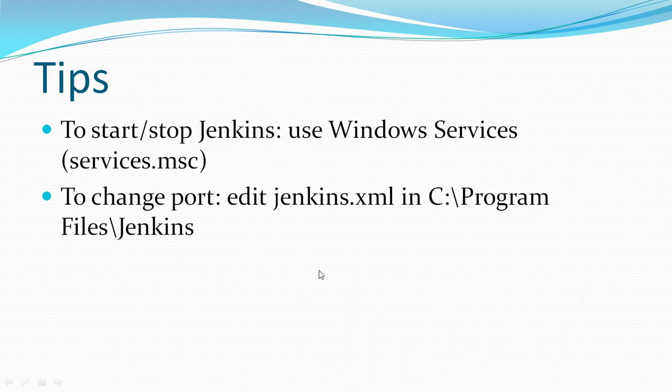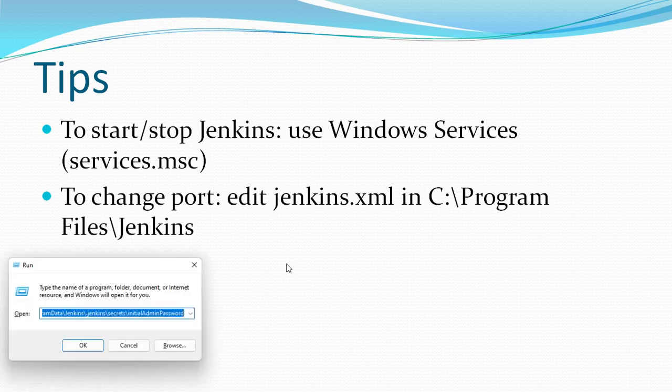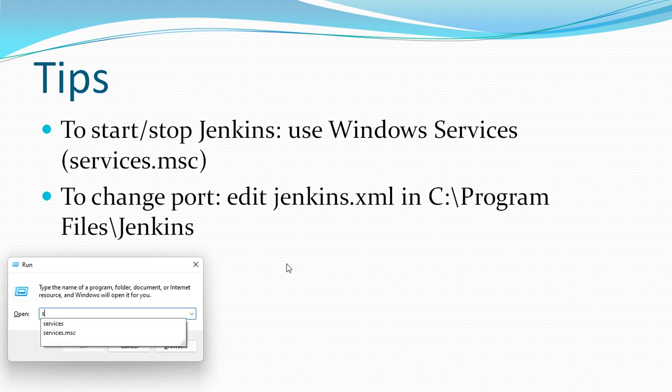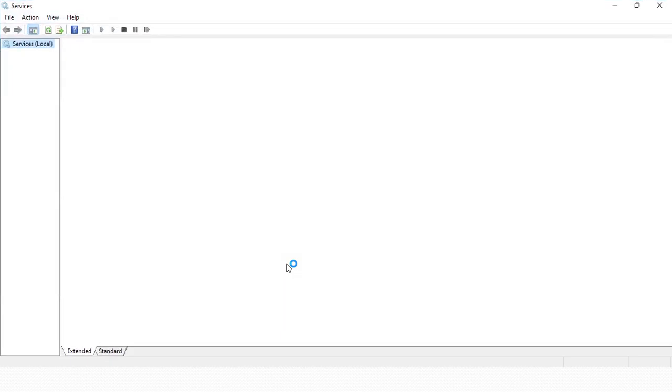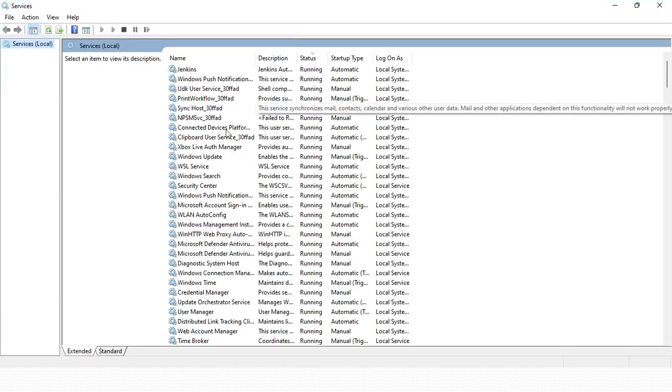And going to another one: if you want to stop or start Jenkins, you just press the Windows R button on the keyboard. Here type services.msc. Now in here you will see the Jenkins service information.